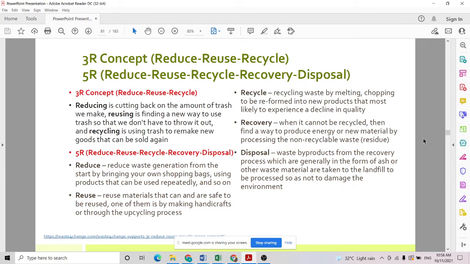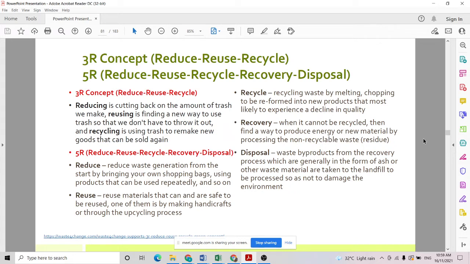So the concept of reduce, reuse, and recycle. What is meant by reduce? Reduce is cutting back on the amount of trash we make. For example, for a month you will use about 10 plastic bags, but in order to reduce, you use a trolley.